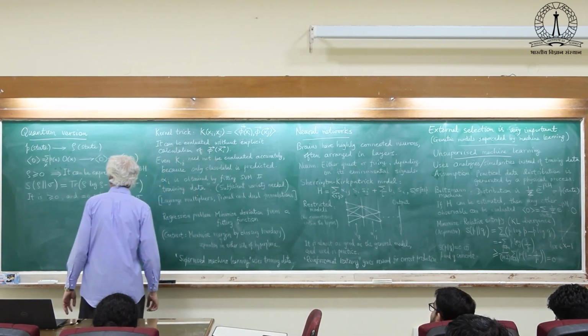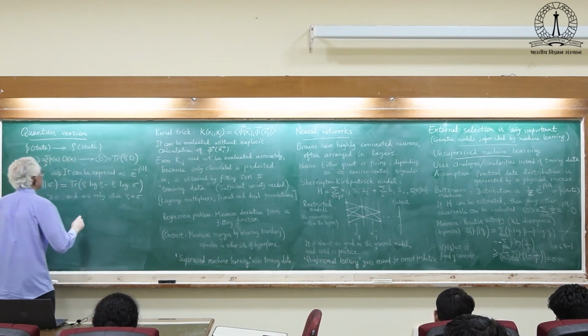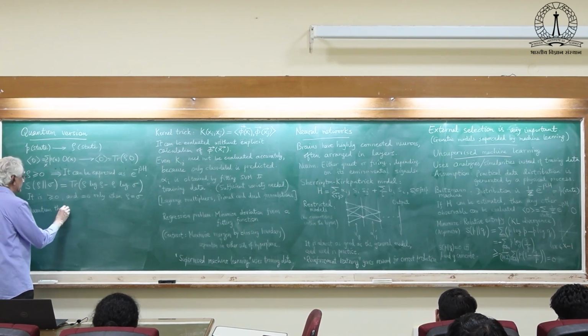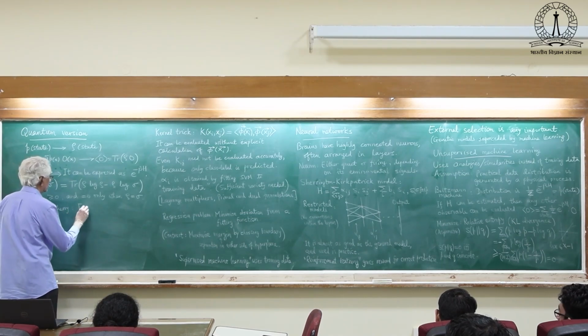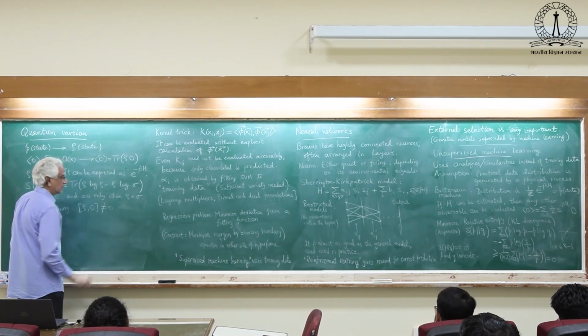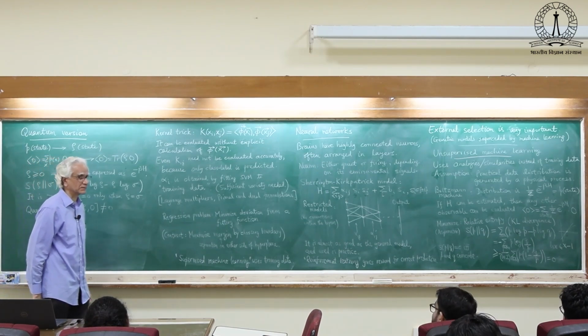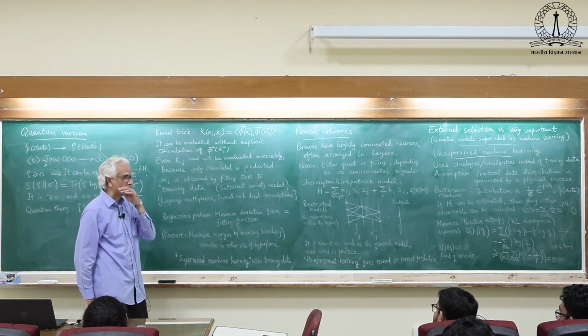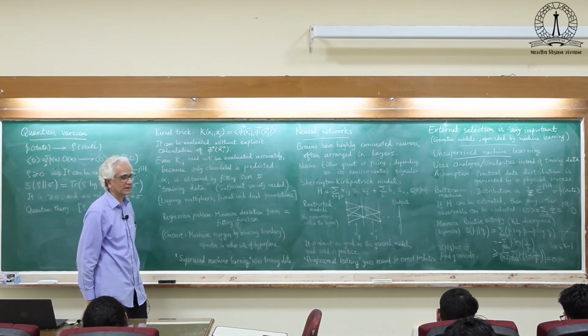The difference is that in quantum theory, the two operators may not commute. The density matrix and the observable.